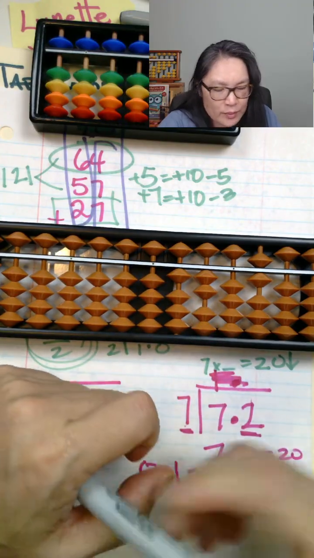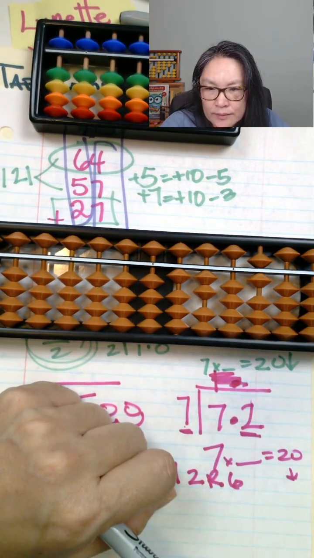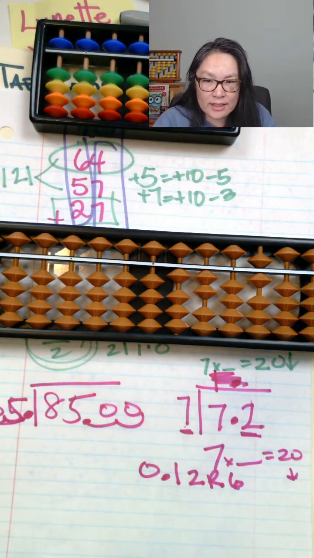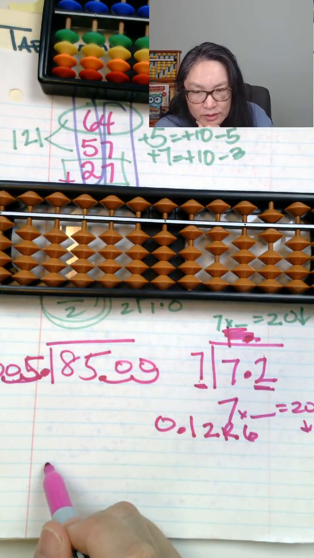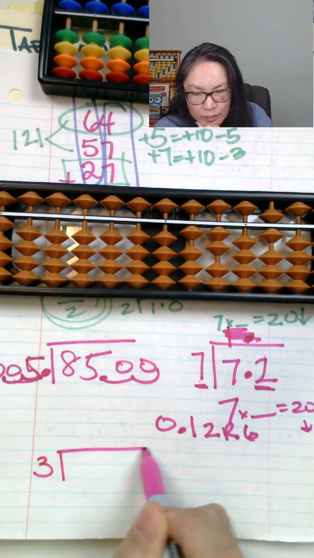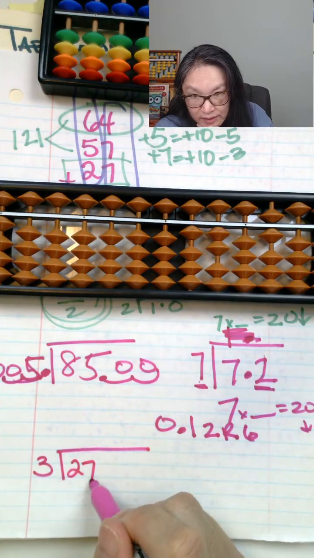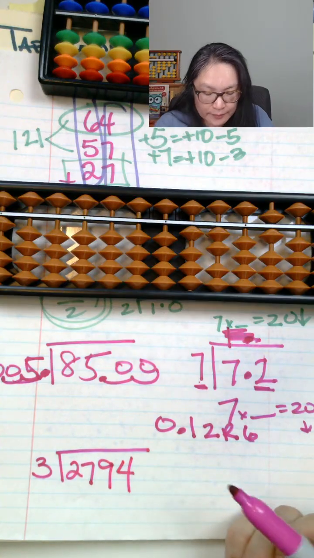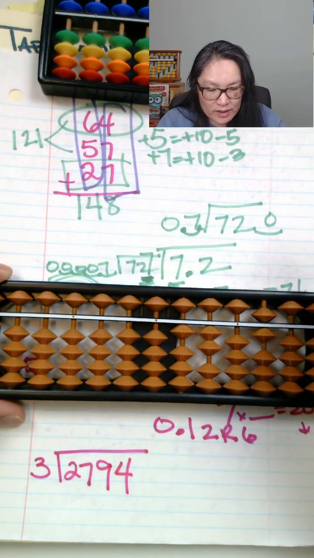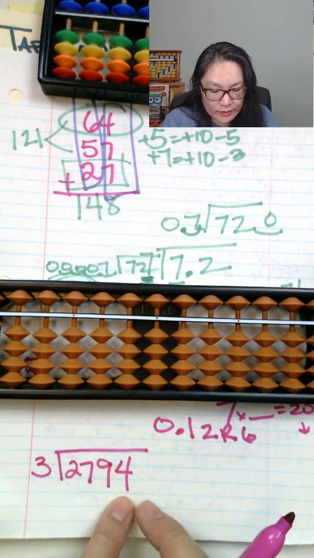So even if it's a bigger number, let me see if I can find one. Okay, so let's do that one. 3 divided by 2794, right? What's my starting point? I have 1, 2, 3, 4, take away 1. So it's 3.